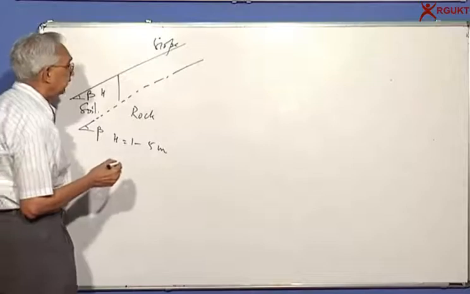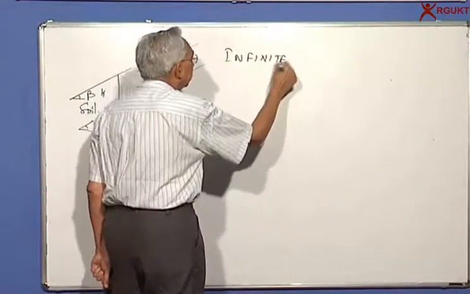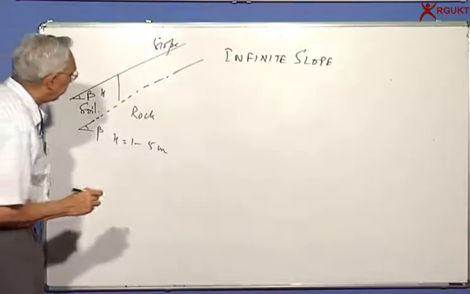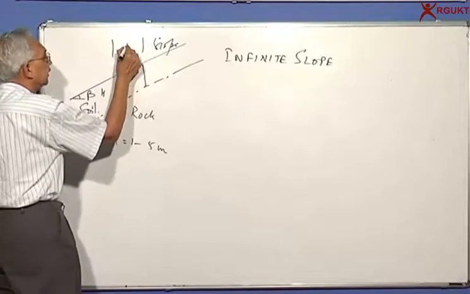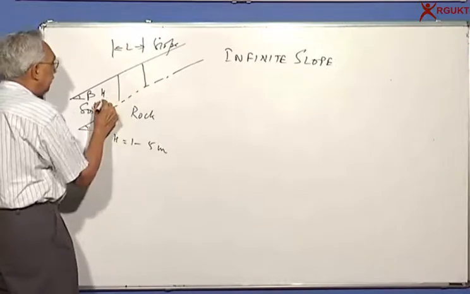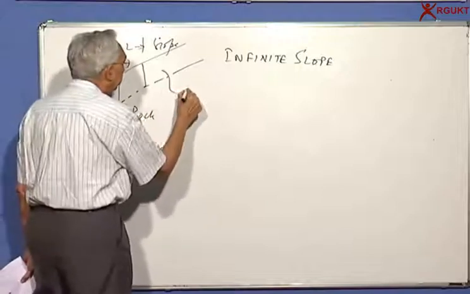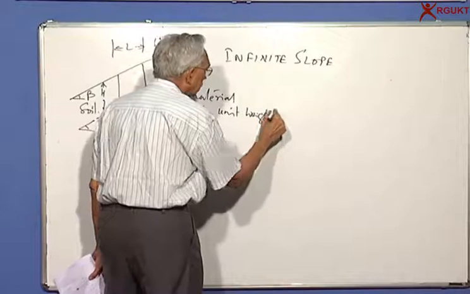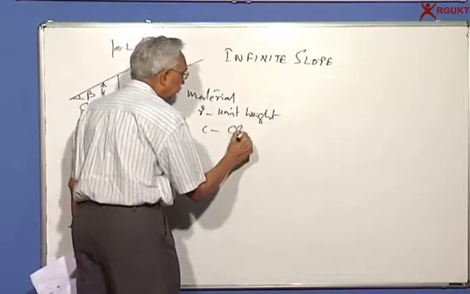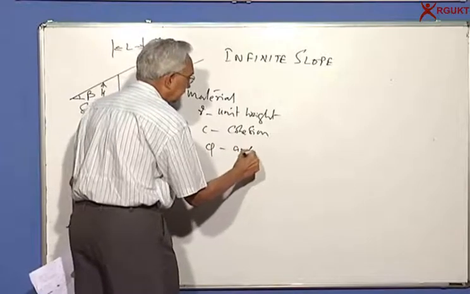In order to do this, first let me define this as an infinite slope. We would like to take a small slice. Let's say the width of the slice is L, this thickness is H. The material has unit weight gamma, cohesion C, and angle of shearing resistance phi.